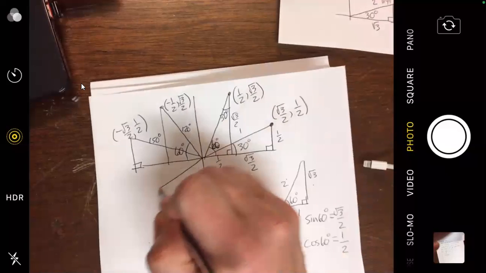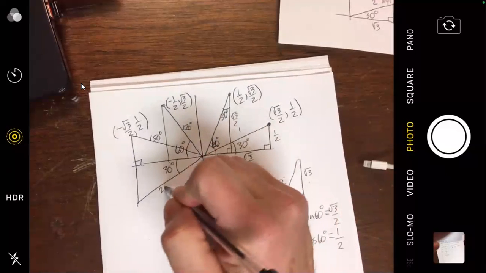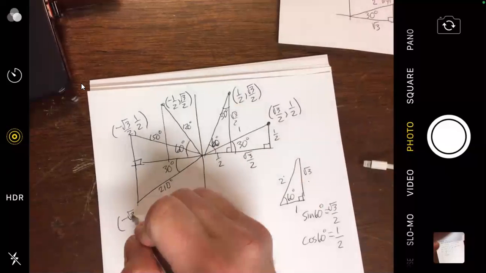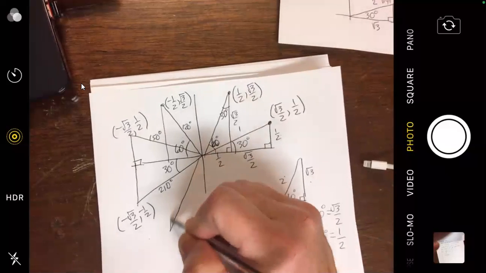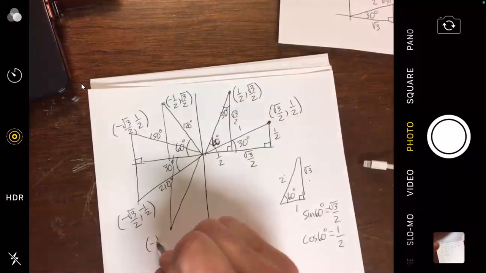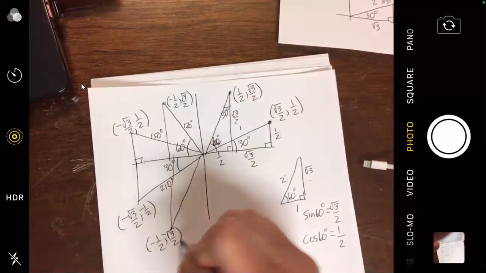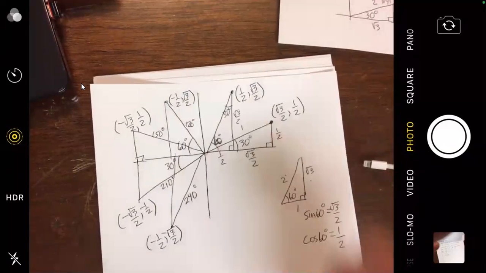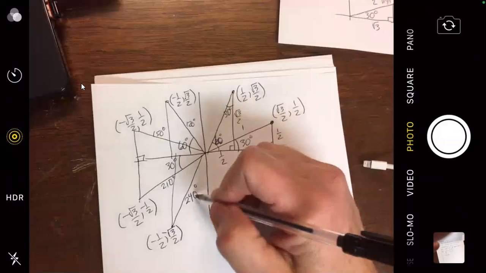Third quadrant, 30 degrees. That would be 210 degrees. Your X leg is long, so that's negative root 3 over 2 and -1/2. Down here, your X leg is -1/2 and your Y leg is negative root 3 over 2. That would be at 240 degrees. 60 to here, 30, 240 total around.